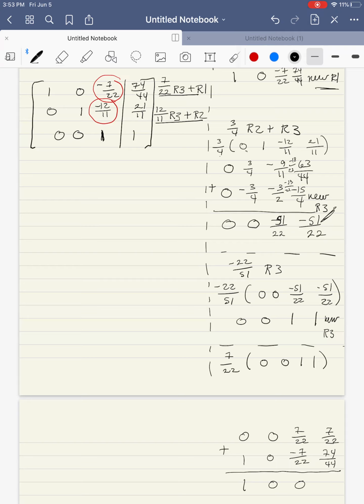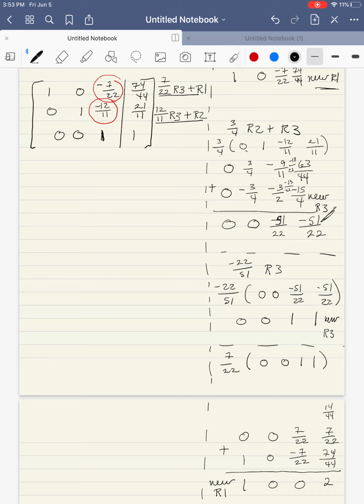And then 7 over 22 plus 74 over 44. Let's see, 14 over 44. 14 plus 74 is 88 over 44, which is 2. And this is my new row 1. If you use your calculator for that, that's fine. Let me double check that with my calculator. And we do have 2.